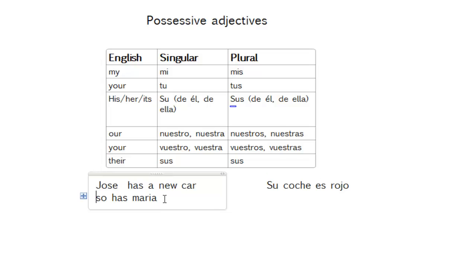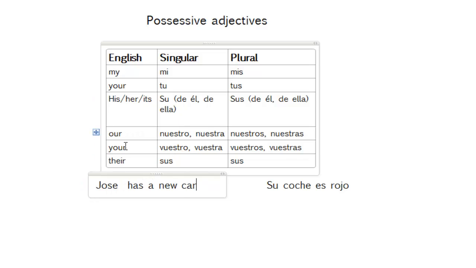For example, su coche de él es rojo, or su coche es rojo de él, and it makes it all that much easier. But you only have very rare circumstances where you need to use it. I don't use it a lot. I haven't had to, because usually the context always brings it up.